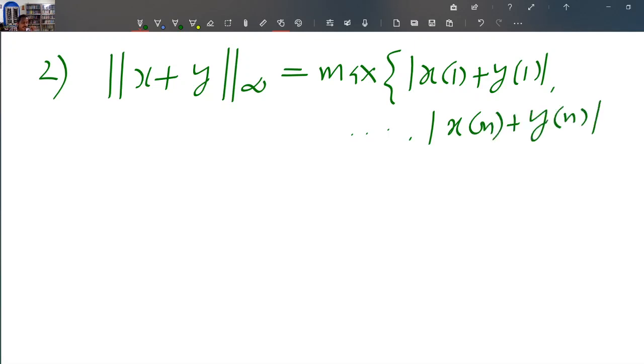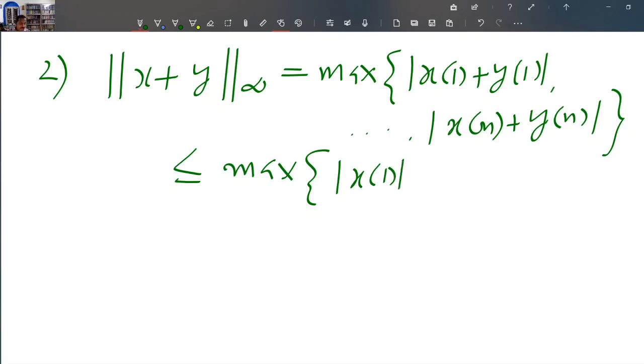This is by the definition. Now apply the triangle inequality for the modulus on each of these terms. You can see that this is less than or equal to the maximum of modulus of x of 1 plus modulus of y of 1, etc., modulus of x of n plus modulus of y of n.